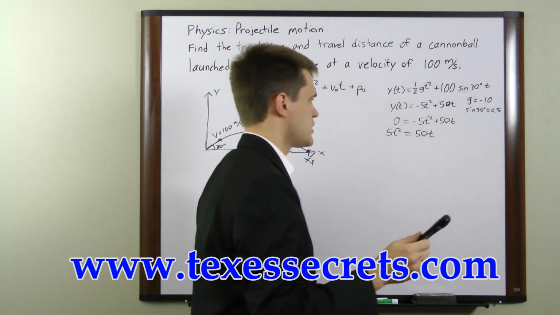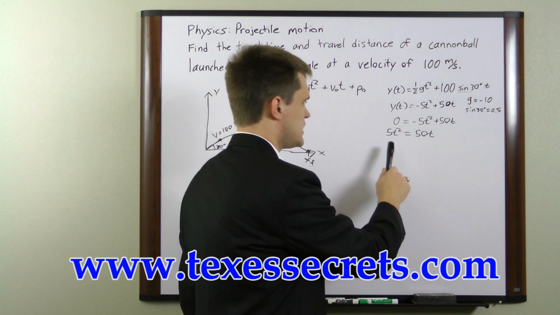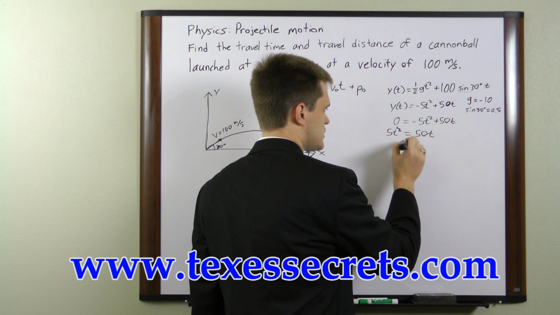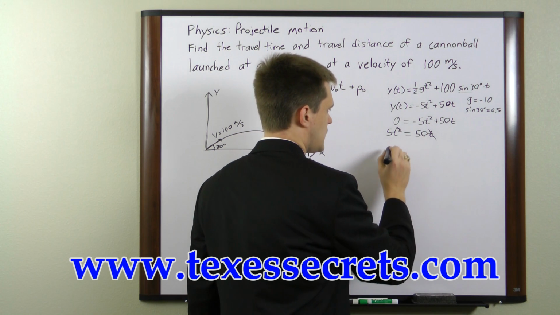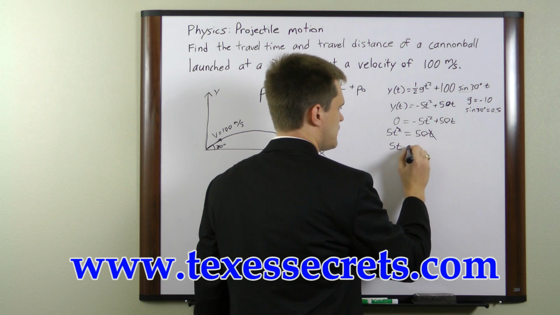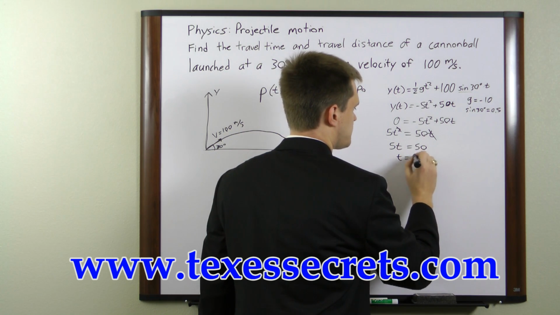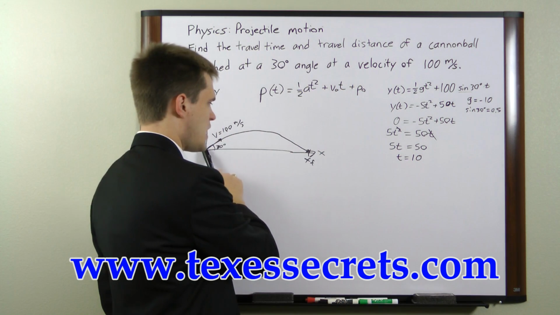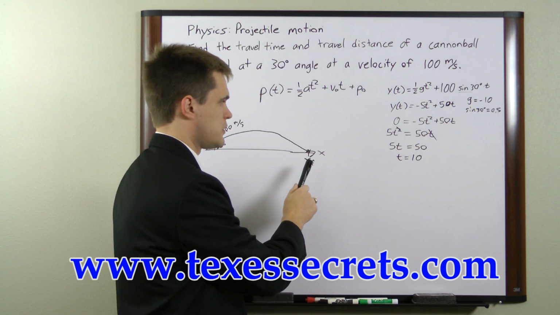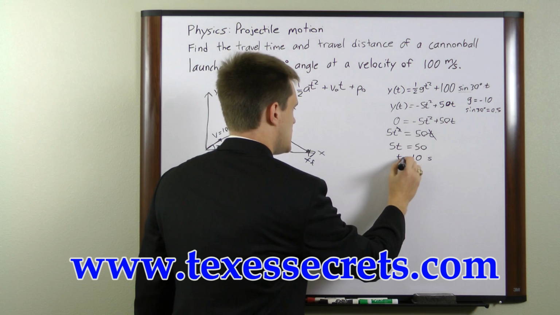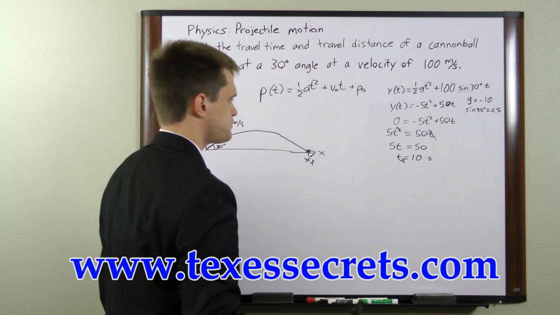So 0 is a solution, but let's divide both sides by t so that we can get the other solution. Dividing both sides by t changes this to a t, and it eliminates that t. So what we have is 5t equals 50, or t equals 10. So the time when it hits the ground over here is going to be 10 seconds. So that is going to be our t final.